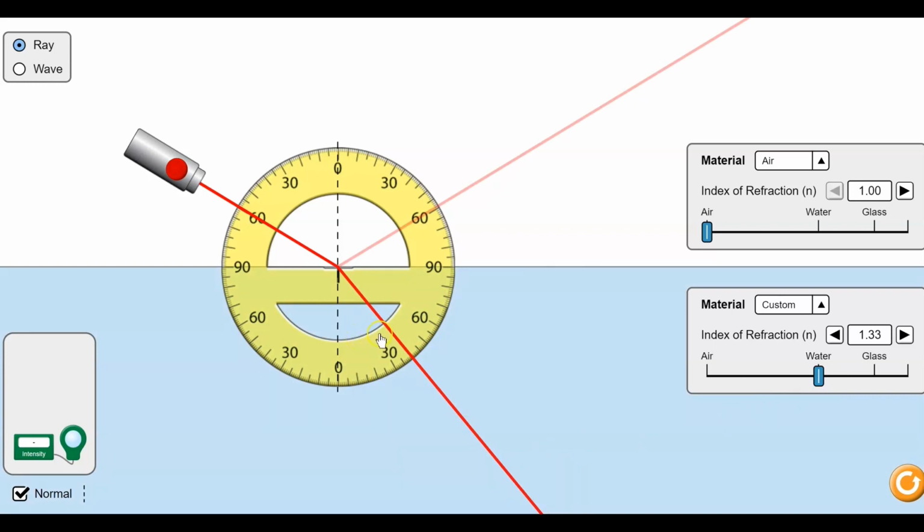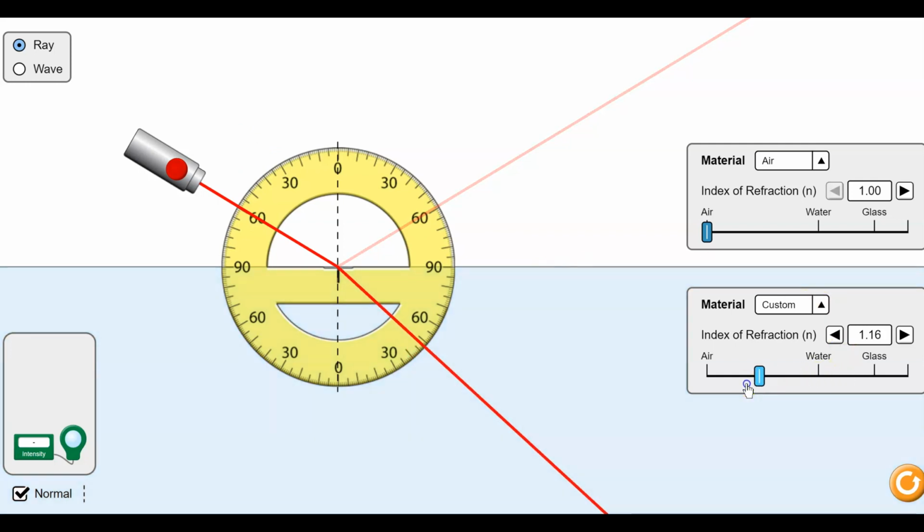The angle of incidence is 60, and the angle of refraction, which was earlier 60, is now smaller than the incident angle. It looks like the angle of refraction in this case is 40 degrees. So I get bending towards the normal when I go from a lower index to a higher index.